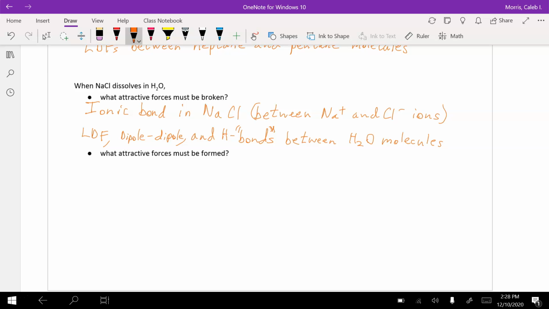Well, I've got a highly polar molecule here, and I've got an ionic bond, so we have ions here. What are the types of forces that are formed?